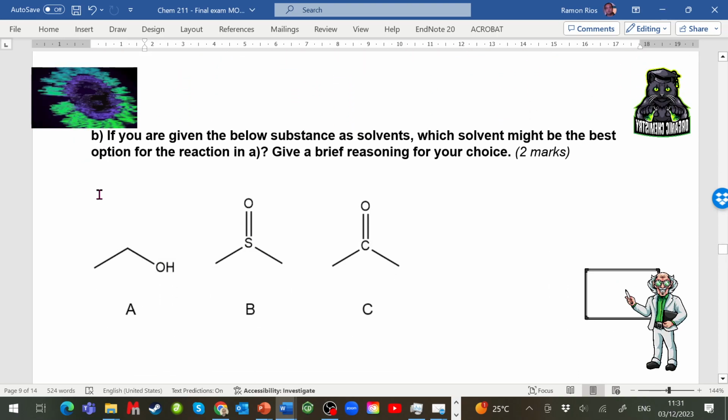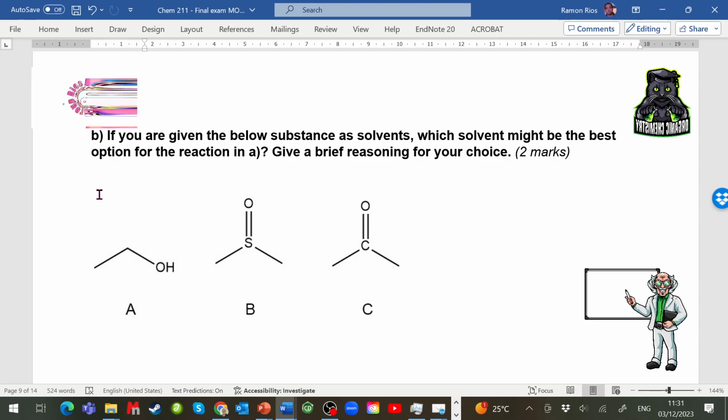Okay, next question. If you are given the below substances as solvents, which solvent might be the best option for the reaction in A? Remember that the reaction in A is an SN1 reaction. That means we need a solvent that must be polar and protic, because it's the one that better stabilizes the carbocation.